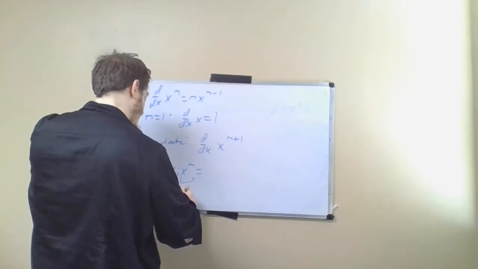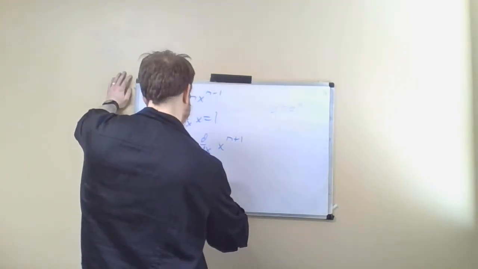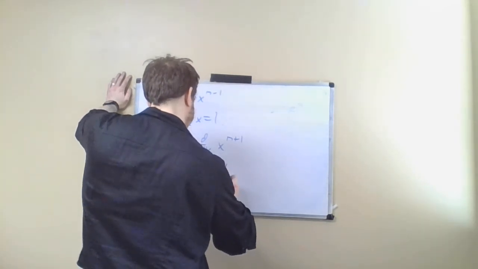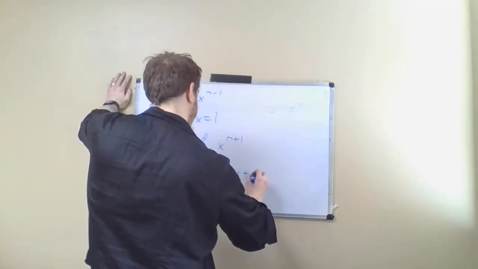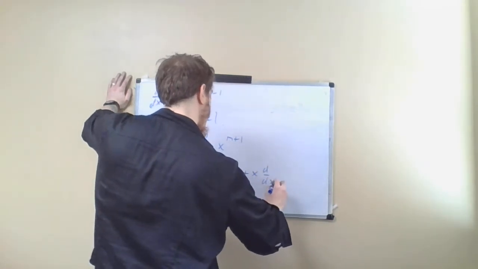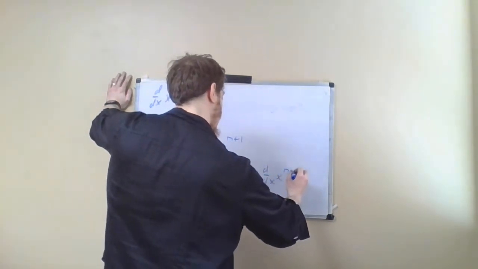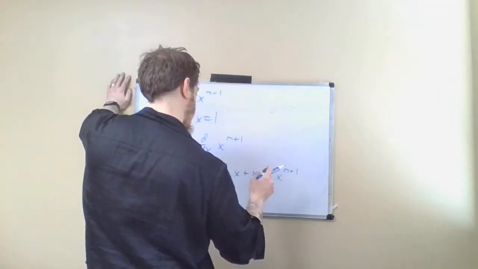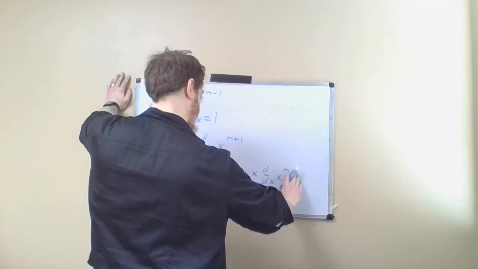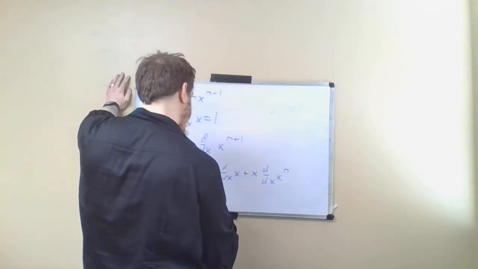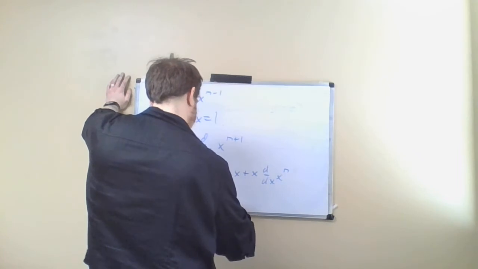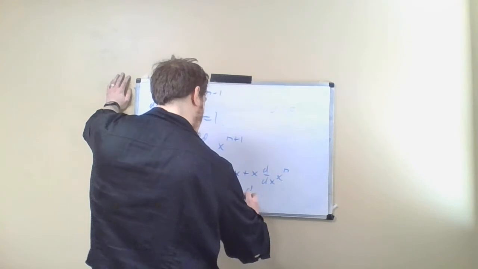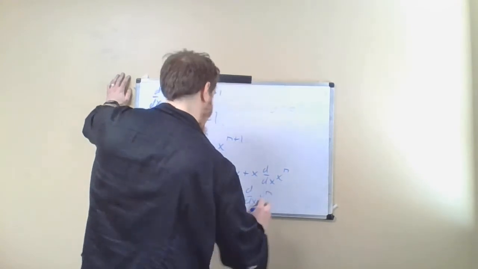If this is my f and this is my g, this is going to be equal to x to the n times the derivative of x, plus x times the derivative of x to the n. There we go. So this is x to the n plus x times whatever the derivative of x to the n is.